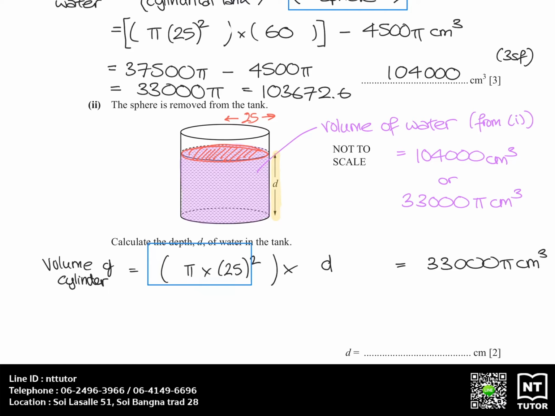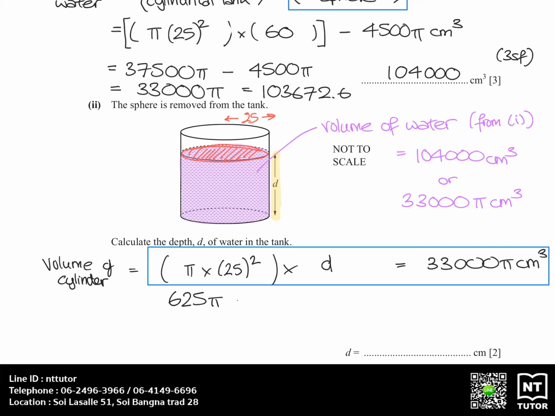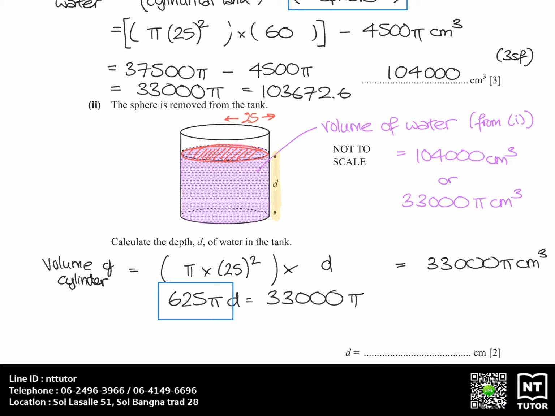So now we have set up an equation that involves d, so we can simplify this into 625 pi d equals 33,000 pi. And all we need to do after this is solve for d, or make d the subject of the formula to find out the value of d.